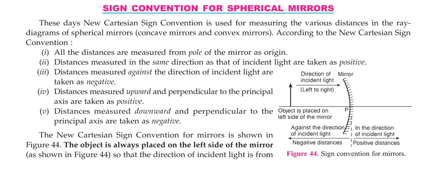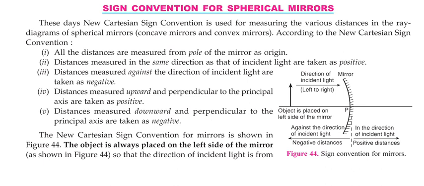Second, the distances measured in the same direction as that of the incident light are taken as positive. Whatever distances you measure in the direction of the incident light are taken as positive, and the distances measured against the direction of the incident light are taken as negative.